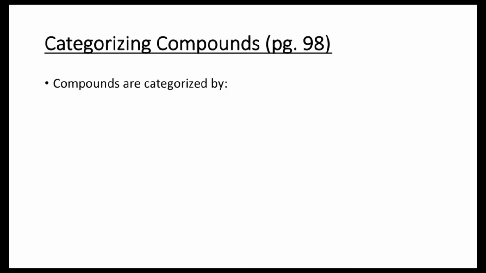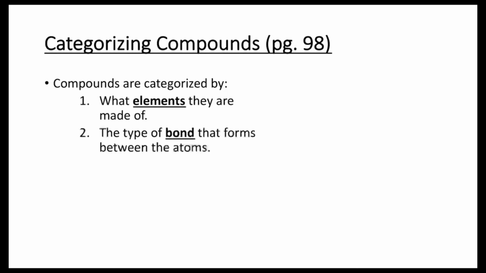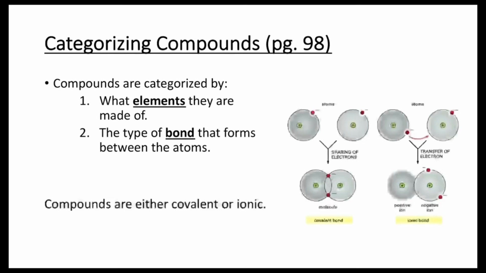Compounds are categorized by what elements they are made of and the type of bond that forms between atoms. We have 2 types of bonds: compounds that are covalently bound, so a covalent bond, or ionically bound.